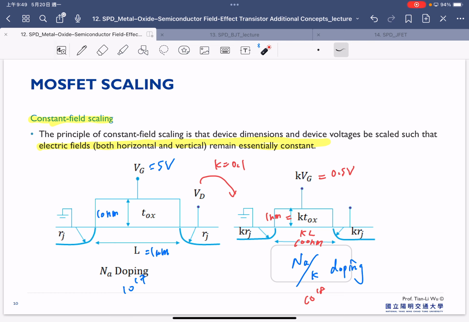And the 1 nanometer dielectric will suffer a lot of reliability issues, including very high gate current and very weak lifetime for this dielectric. So after a certain moment, people realized that we cannot use this rule anymore. But this rule still gives us a good sense of what our goals are when doing the scaling.